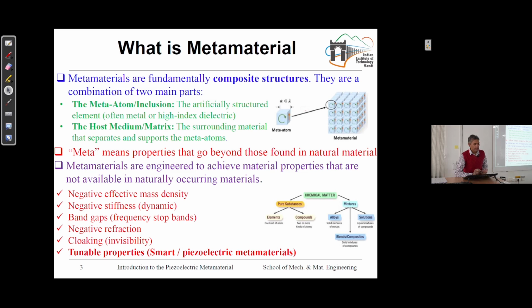So, the natural materials, as you are already aware, are pure substances and mixtures, and of course these have different classifications. As engineers, we are already aware of these different materials. So, these so-called natural materials have properties based on the chemical constituents.